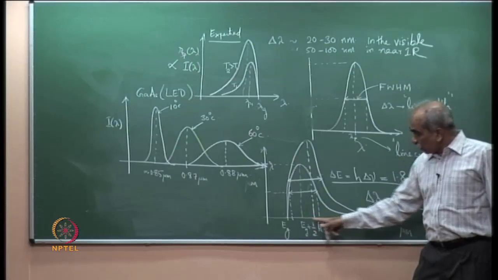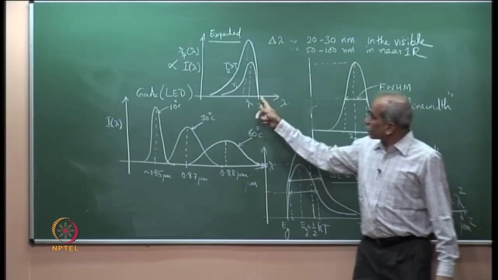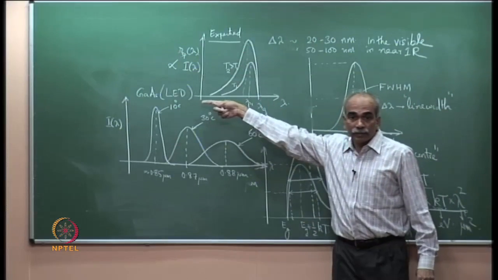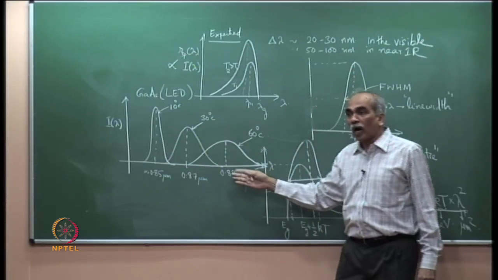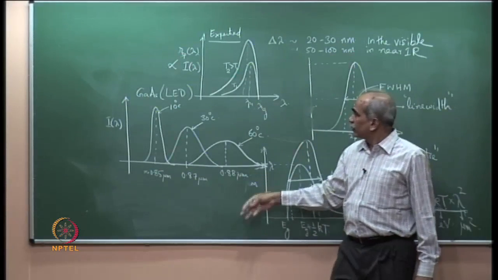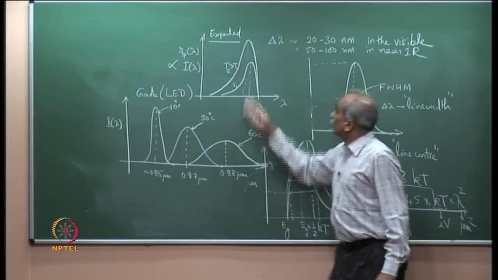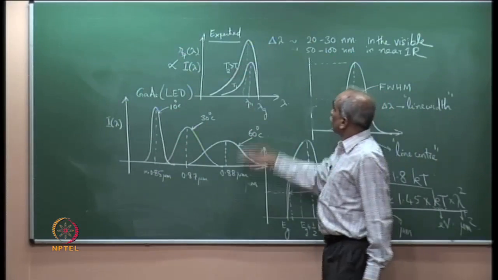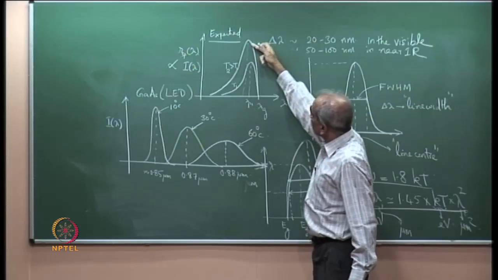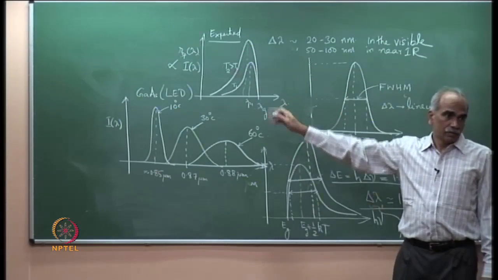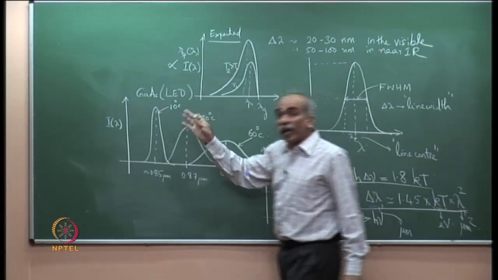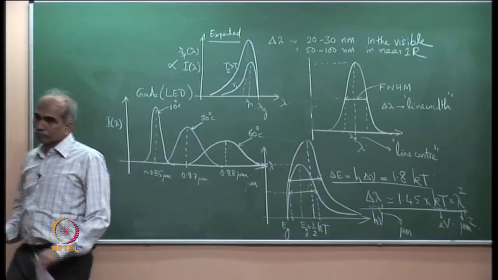Here it is shifting to higher energy, which means we expect it to shift to smaller wavelengths, but it is shifting with the temperature to higher wavelengths. Second, instead we expected the peak to go up. This is at a higher temperature, this is at a lower temperature as per the theory that we have. But this is what you actually see in practice.